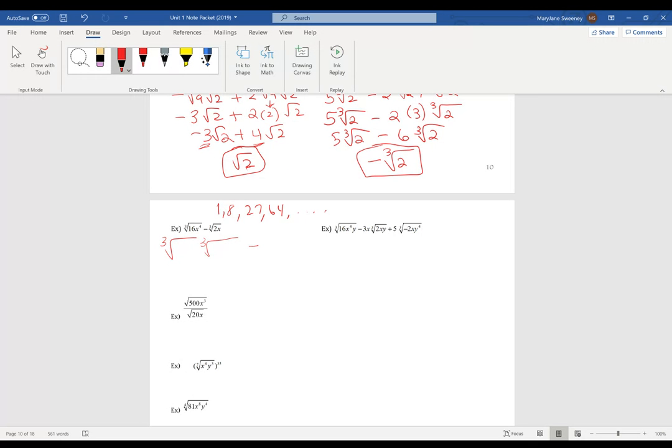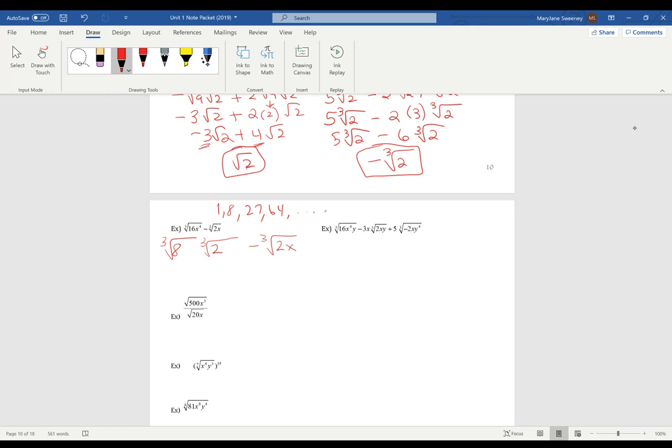I still have minus cubic root of 2x, which I can't take the cubic root of 2, and I can't take the cubic root of x. So here, okay, so 8. I have to look for which one of these cubes, I'm sorry, 16, which one of these cubes go into 16? 8, right? So then it'd be 8 times 2. That gives me 16. Now, the x to the 4th, I have to look.